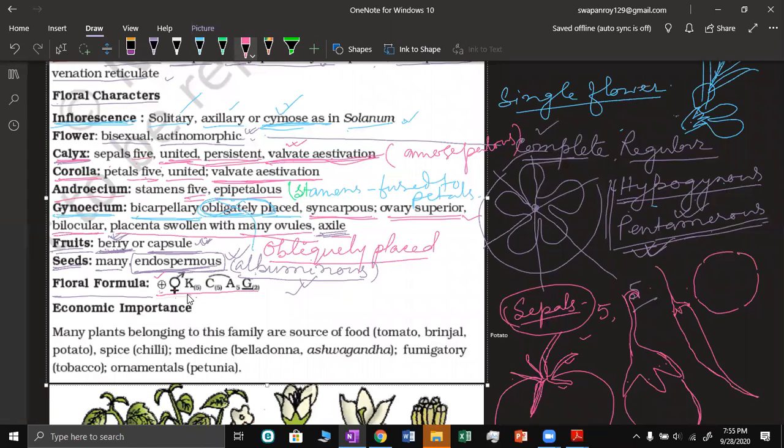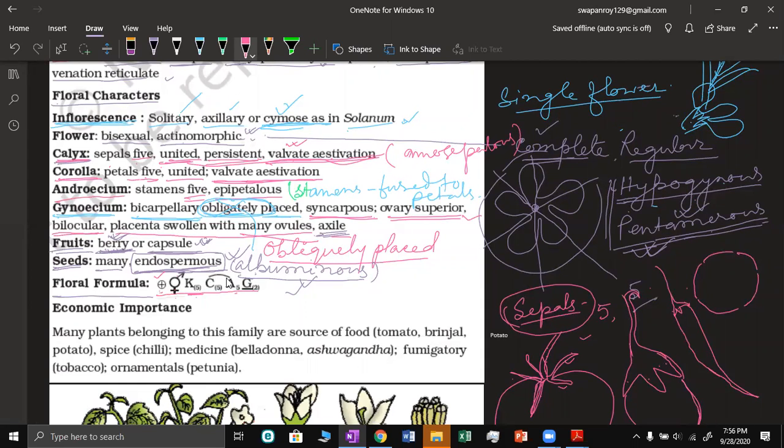Calyx is 5 and they are within the bracket, so it is 5 sepals gamosepalous. Corolla 5 gamopetalous. Androecium 5 is free from each other, polyandrous, but petals and stamens are united.